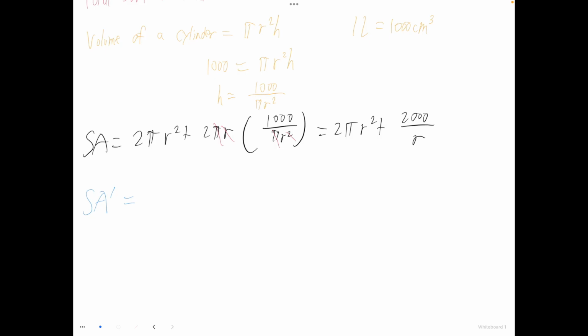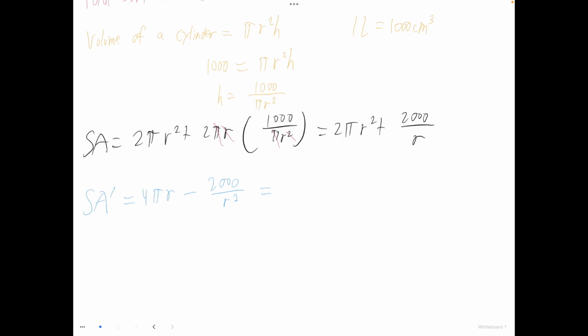So taking the derivative, we have 2 pi r squared's derivative is going to be 4 pi r minus 2,000 over r squared. Remember, the derivative of 1 over r is negative 1 over r squared. So that's why we get negative 2,000 over r squared.